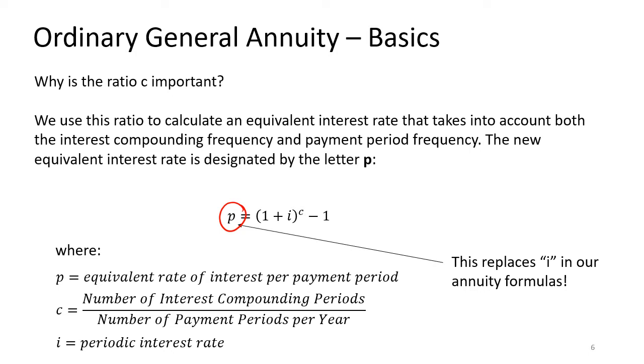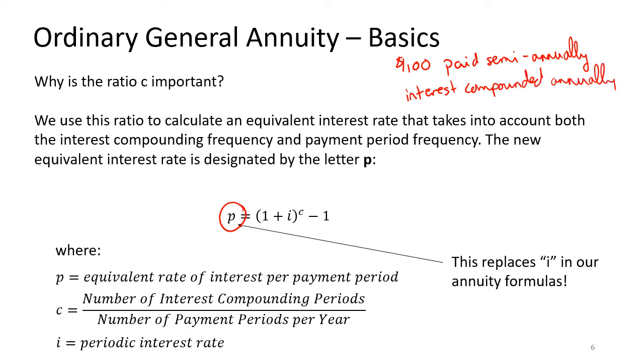Remember, in that first example, we had $100 that you paid semi-annually, but your interest was compounded annually. So to make up for that difference, in that your interest is compounded less often than your payments, this formula finds an equivalent rate of interest per payment period. So for each payment period in this style of question.